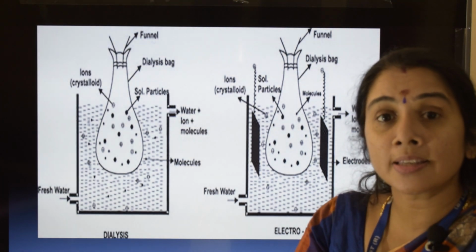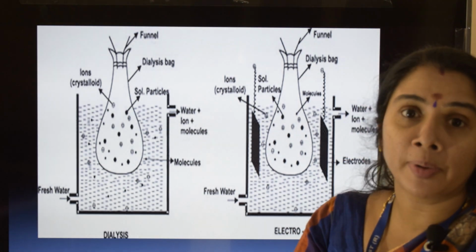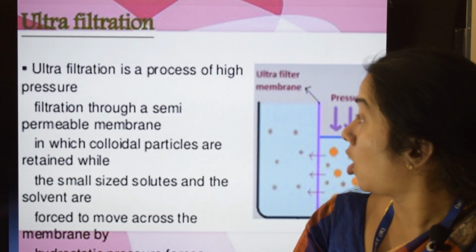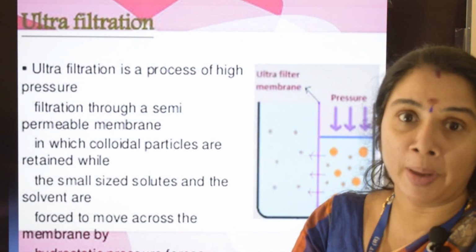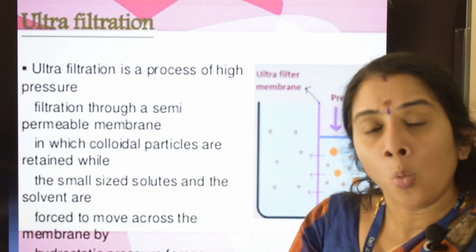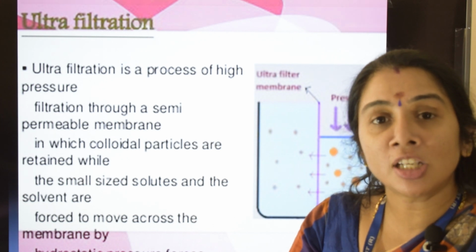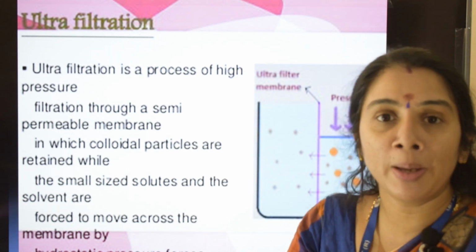In dialysis and electrodialysis we used a parchment membrane bag for filtration, whereas in ultrafiltration we use an ultrafilter membrane. Now what is this ultrafilter membrane? Ultrafilter membrane is made out of normal filter paper.